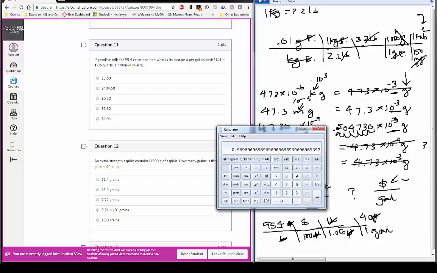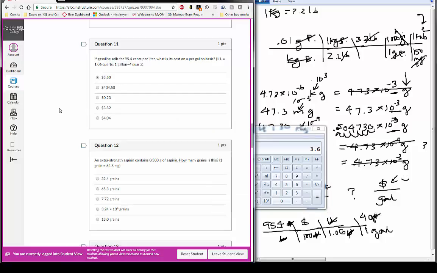So I could just plug this in. 95.4 cents per liter divided by 100 cents in a dollar divided by 1.06 quarts in a liter multiplied by 4 quarts in a gallon, and that gives me $3.60 for the price of gasoline.